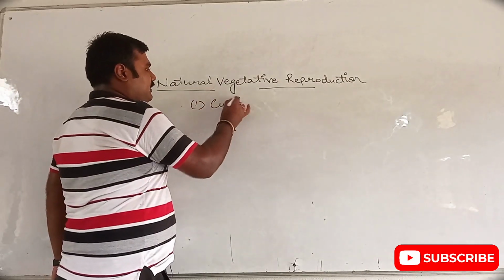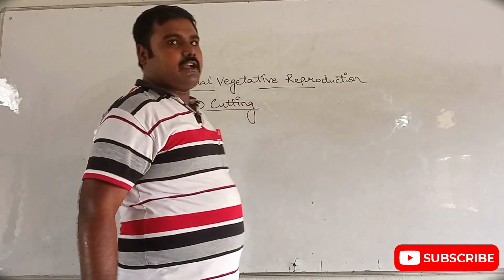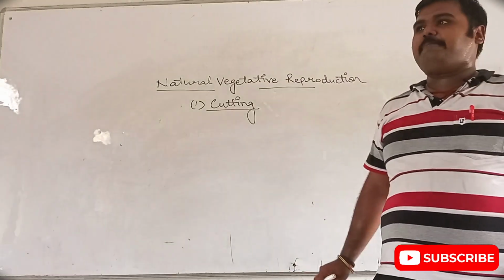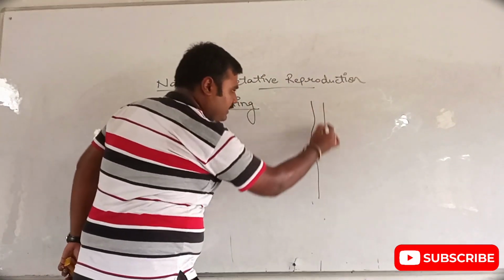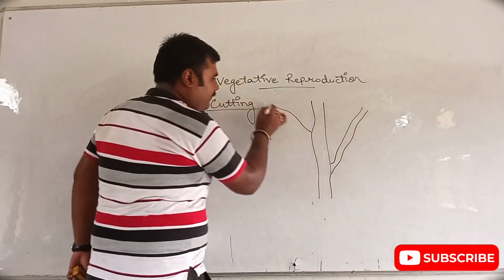Let's talk about the first natural vegetative reproduction, cutting. Now, how does cutting work? Suppose a complete plant is present with us, having different branches.